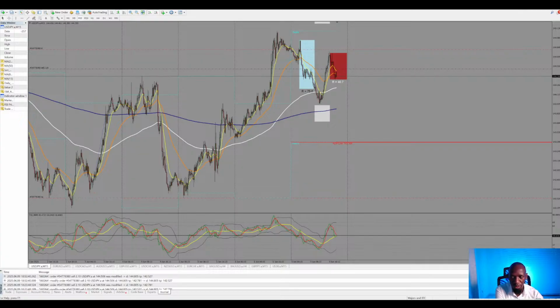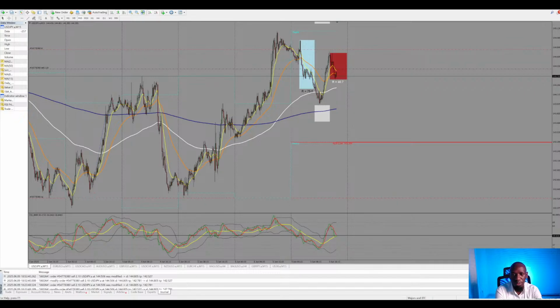Before you enter any trade, it's important that you understand the trend, and the trend is part of what we call market structure. Market structure is where you figure out whether you want to buy or sell.